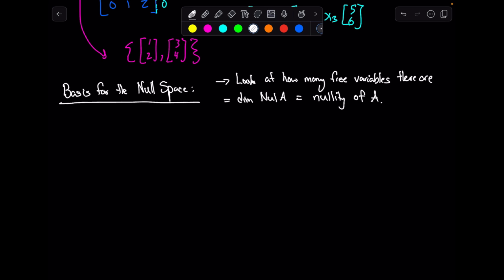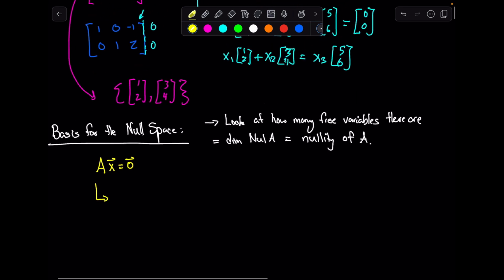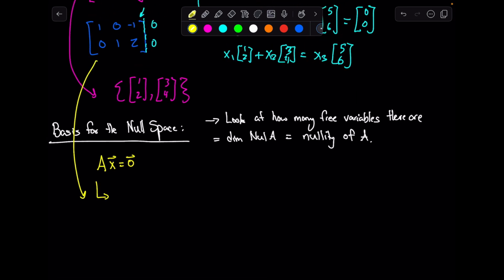So, for instance, if we're solving the matrix equation AX equals 0, and we get down to the point like what we did earlier, where x1 is equal to x3 and x2 is equal to negative 2x3, then these things combine to tell us that the solution looks like x3, negative 2x3.